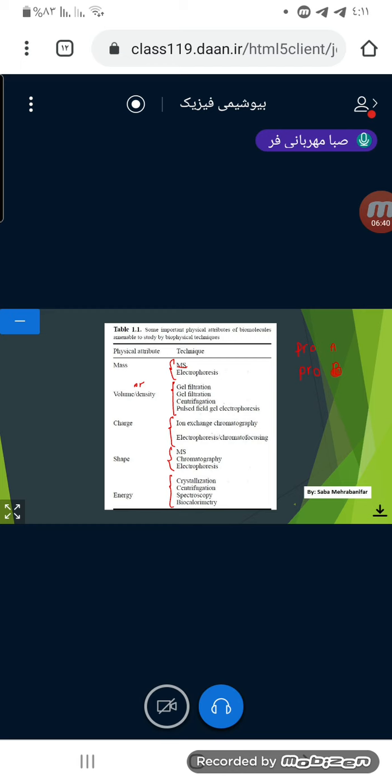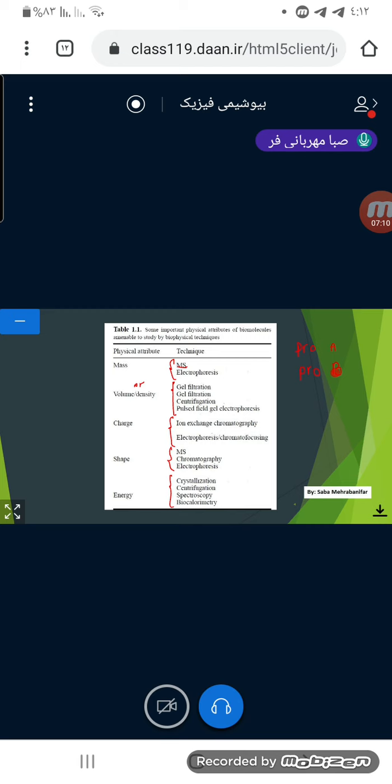Or imagine I tell you that I have an enzyme and I want to know something about its energy, its activation energy. Tell me what kinds of technique I can use to understand the energy of my enzyme.